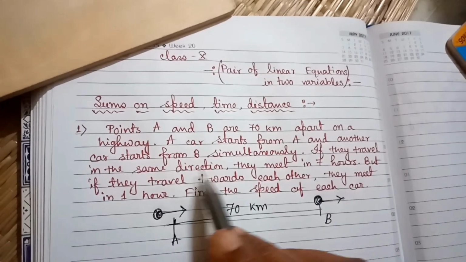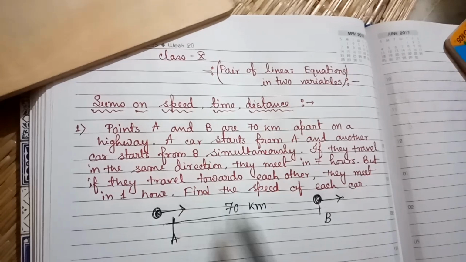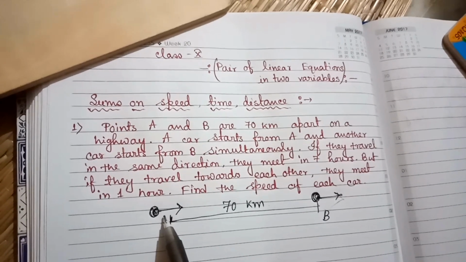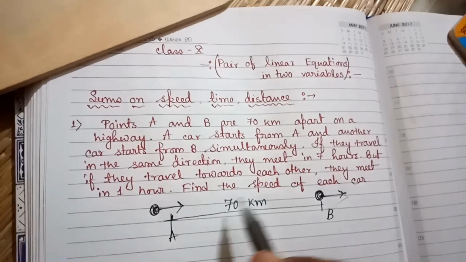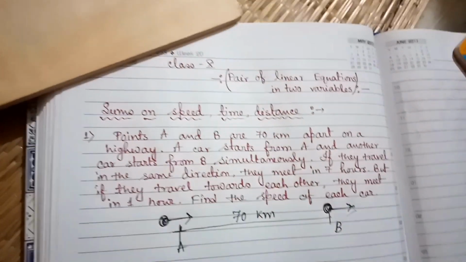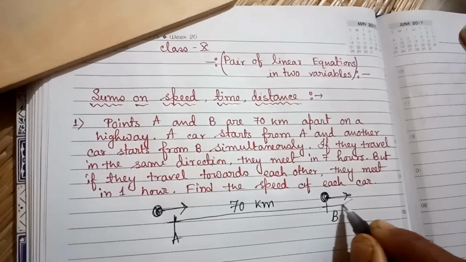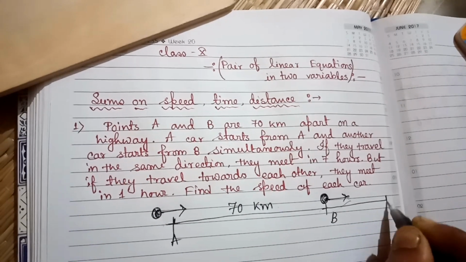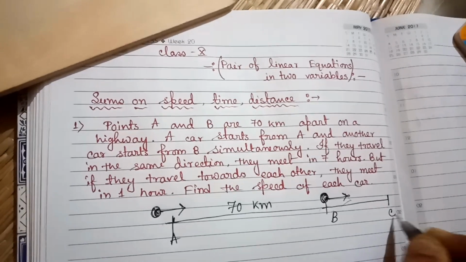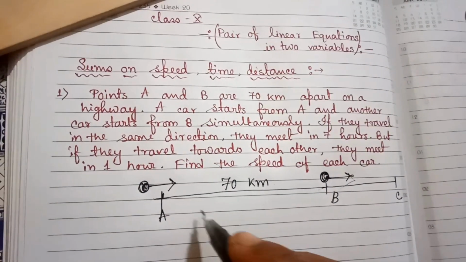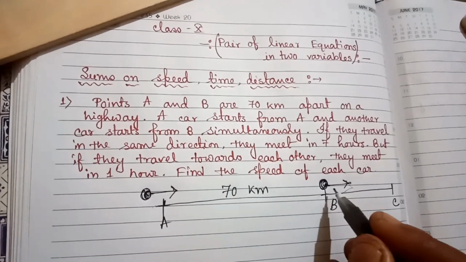If they travel in the same direction, look, I have given the same direction here. Both the cars are traveling in this direction. They meet in 7 hours. That means obviously they will meet somewhere outside AB, and let us take the point as C. So this is 70 km.